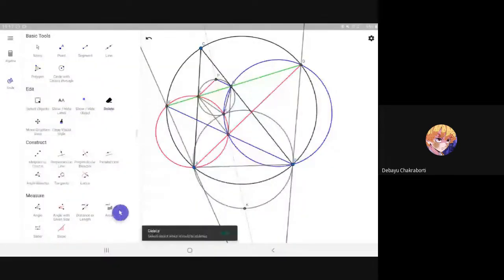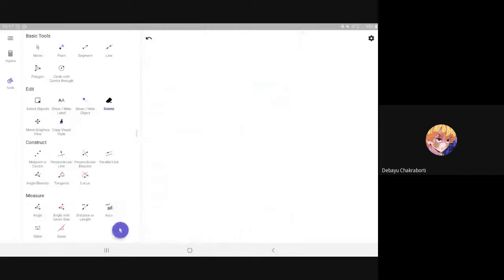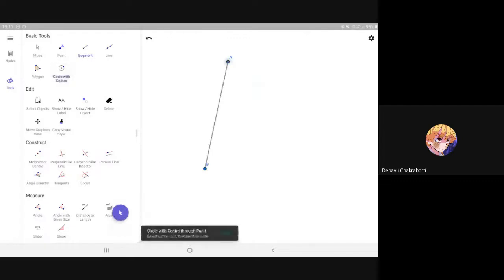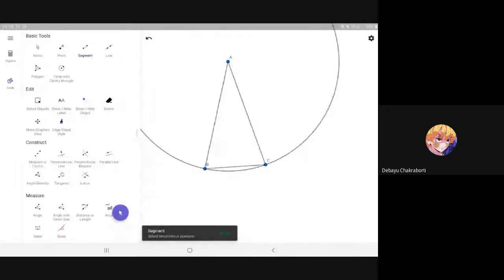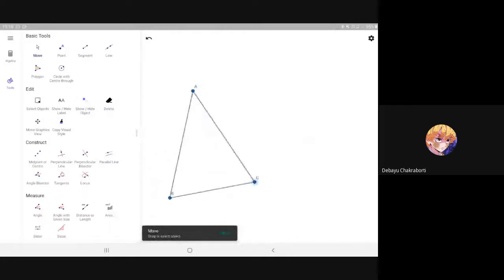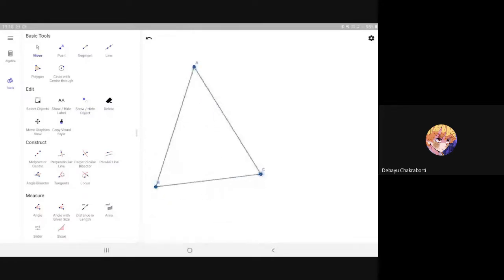Okay, the next problem is, okay, give me a moment. I'll just draw the problem and then explain the statement.